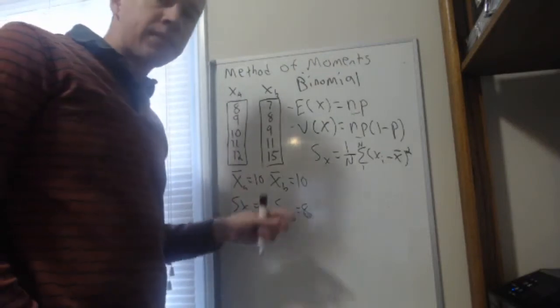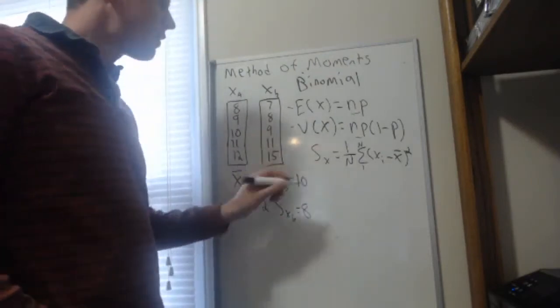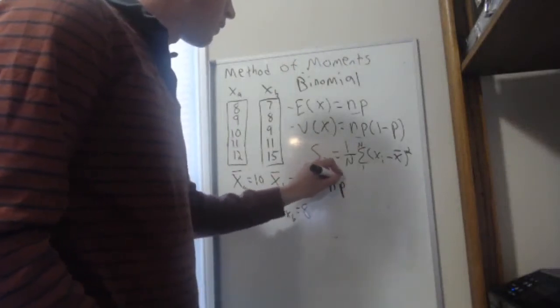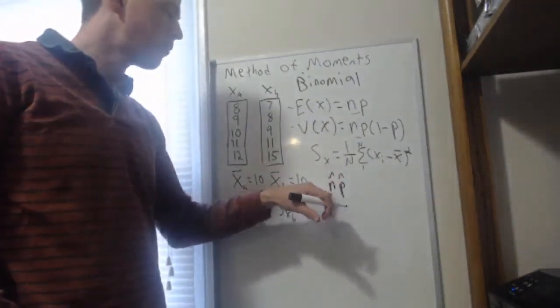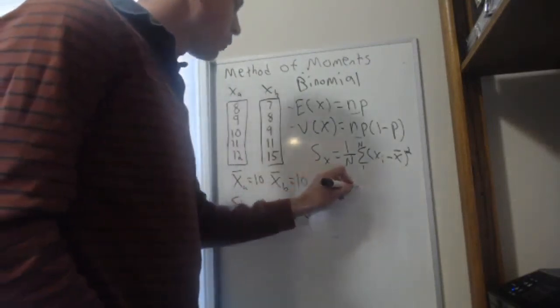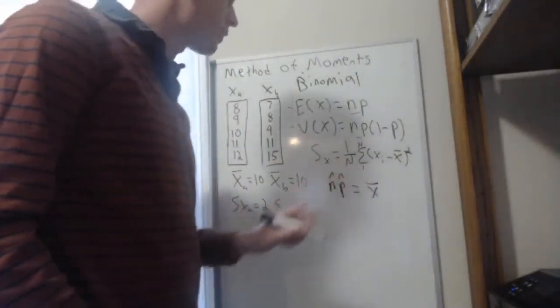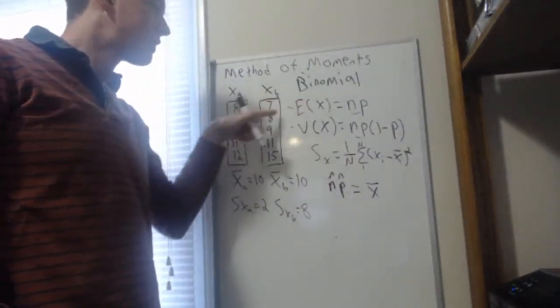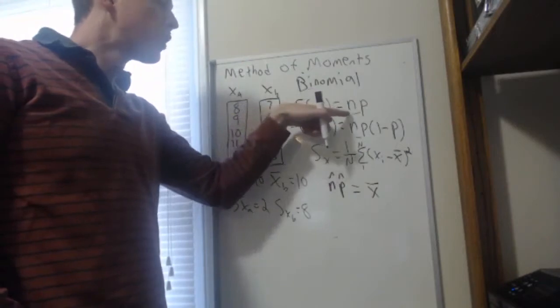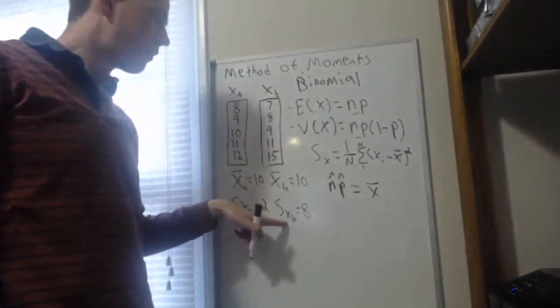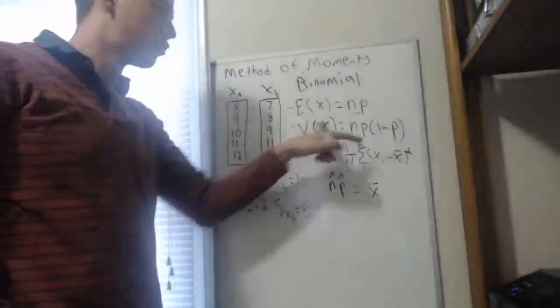What the method of moments is going to do is say, let's assume that n hat, our estimate of the total number of crimes committed, and p hat, our estimate of the probability that a crime gets reported, satisfy n hat times p hat equals x bar. That is to say, the average of our sample should approximate the true population average, and our estimate of the variance should approximate the true variance.